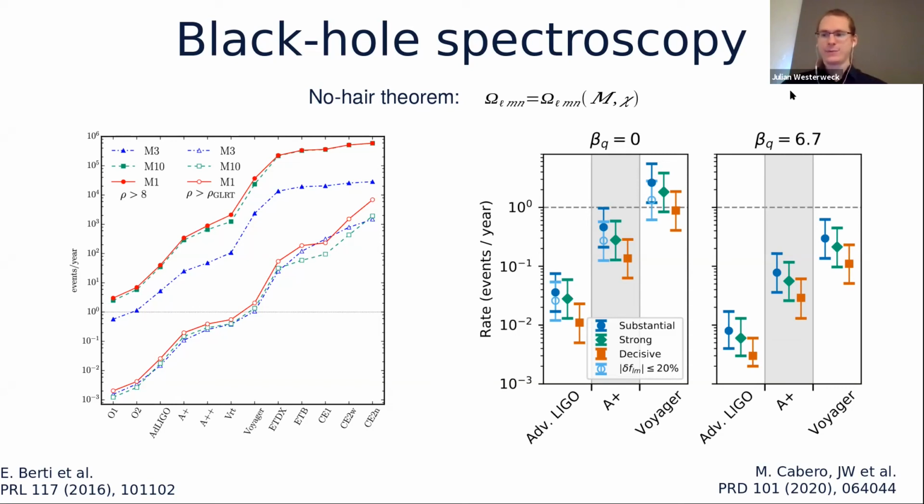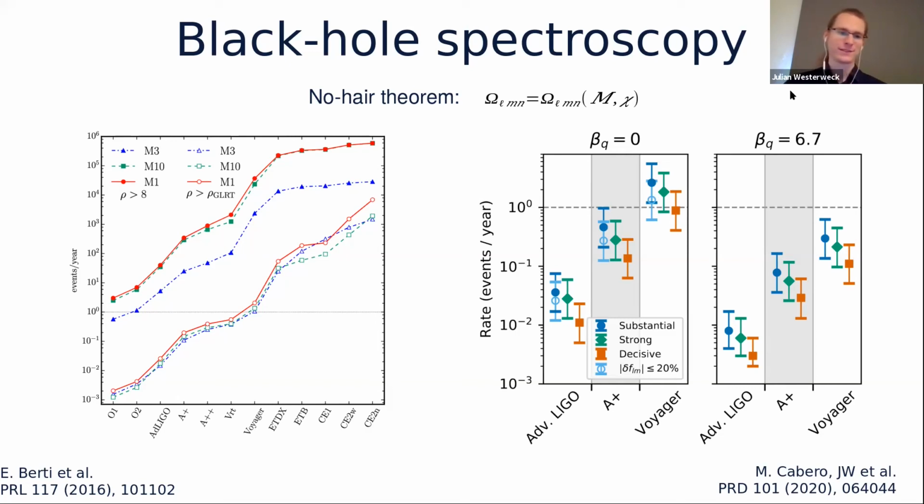And predictions based on theoretical population models on the left and the observed population as seen by LIGO so far on the right were made, and we're trying to find out how many events per year of collected data could be expected to be usable for such a test. So where you could measure sufficiently well at least two of these modes.